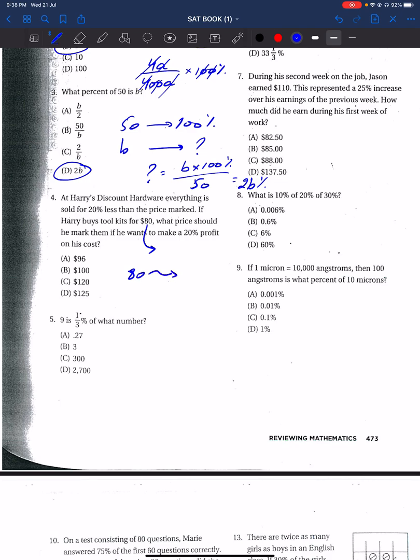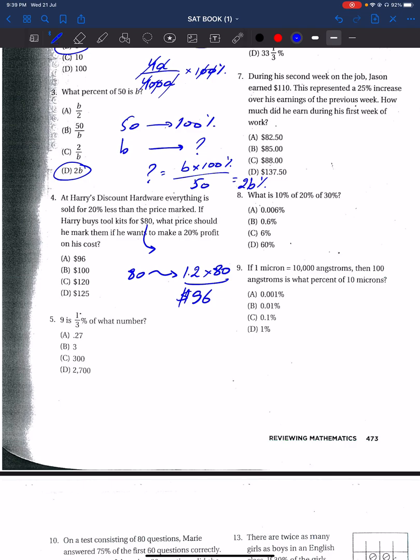To make a 20% profit, it means you'll need to sell it at a price of 1.2 times 80, which gives you, let me check, 1.2 multiplied by 80, that's $96. Okay, so you need to sell it at the end of the day for $96.